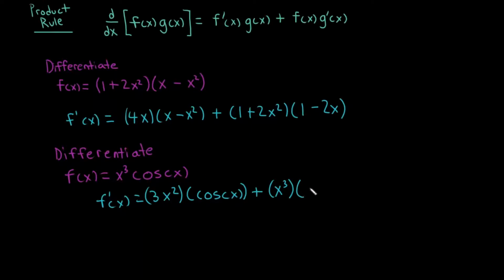So the derivative of cos x is minus sine of x. And that's the derivative of this function.